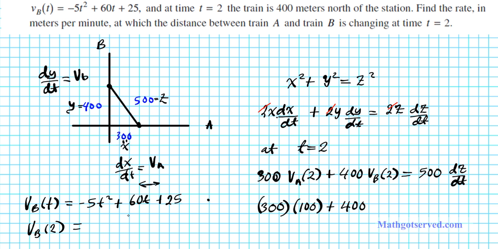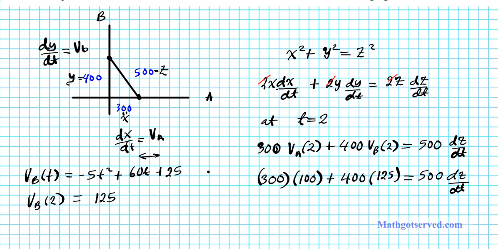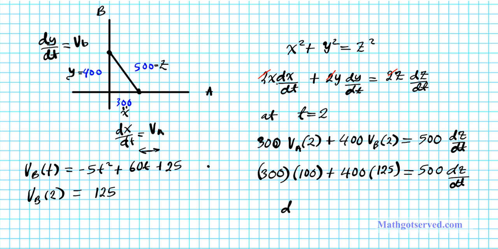If you do that calculation, you get 125. So plug that here: 300 times 100 plus 400 times 125 equals 500 dz dt. Then this is simple algebra. If you do the calculations, you end up with dz dt equals 160 meters per minute. So this is the rate at which the distance between the two trains is changing.